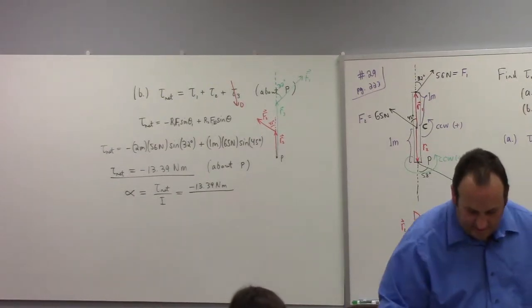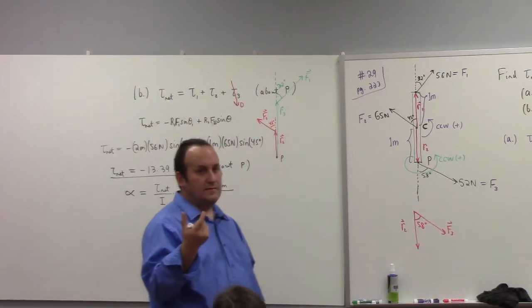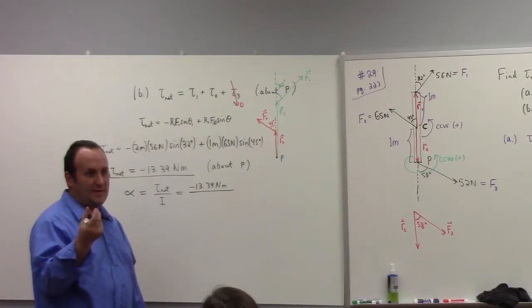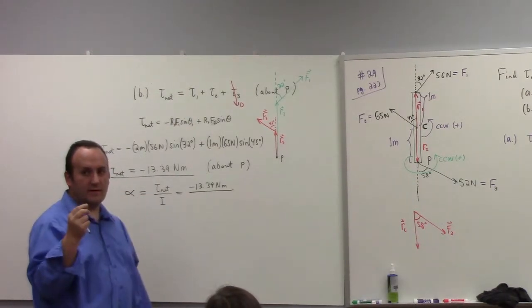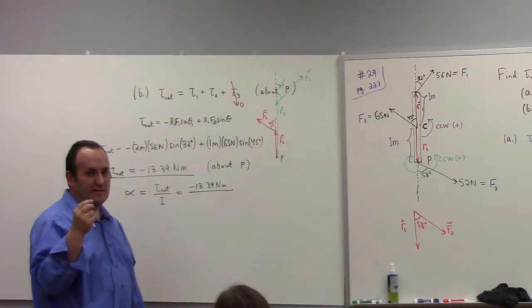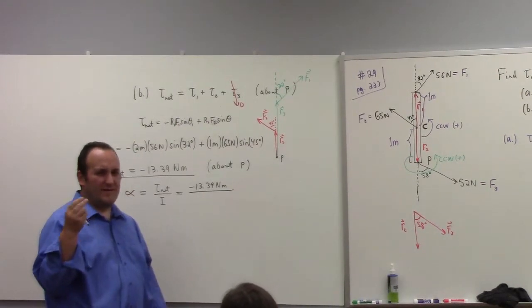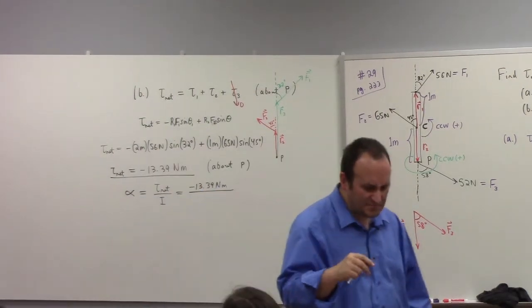Isn't that, by the way, kind of interesting? The moment of inertia for a solid body is not intrinsic like mass. It depends on where you're rotating the body, right? A different rotational axis relative to the body gives a different moment of inertia.